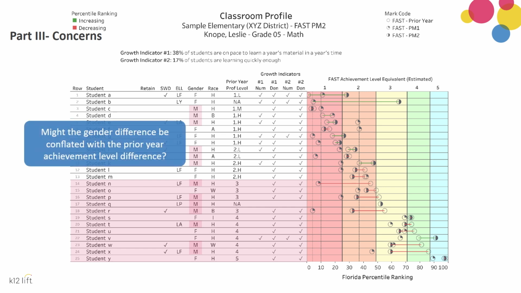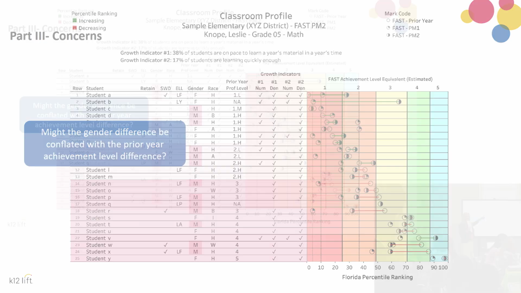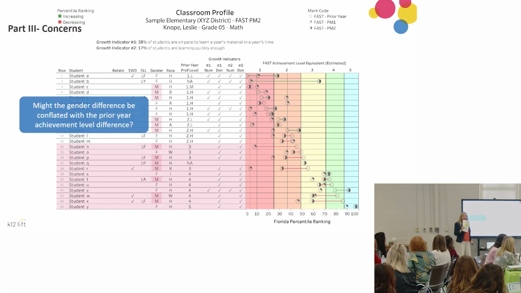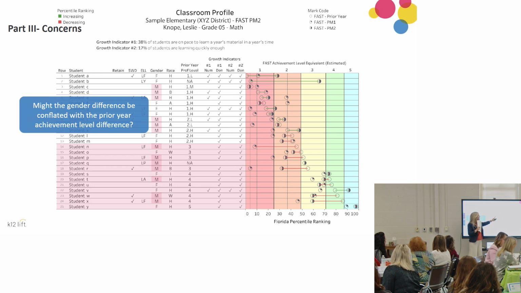Might there be a relationship to the males that are in the 3, 4, 5 group. What do you see here? Those males, there's some growth indicator 1 checked. Growth indicator 2 is not.